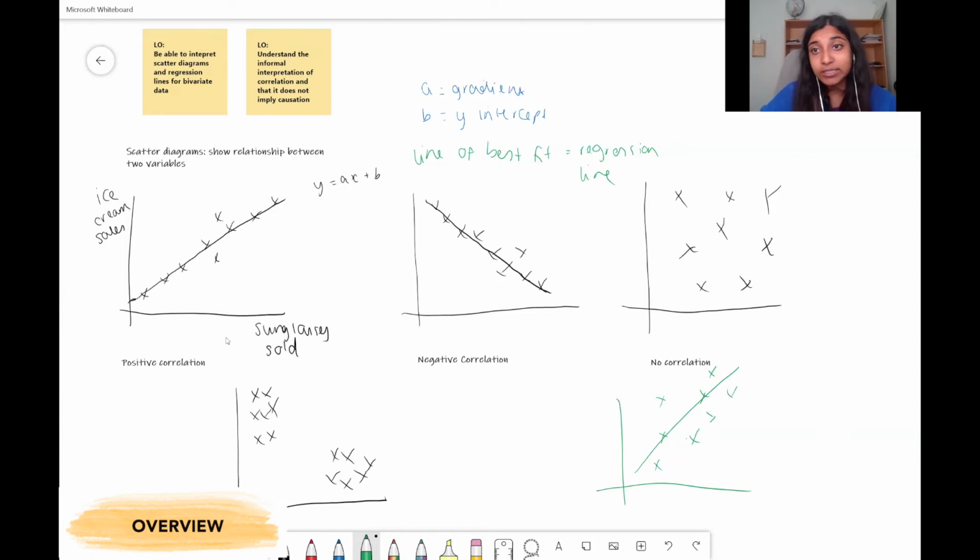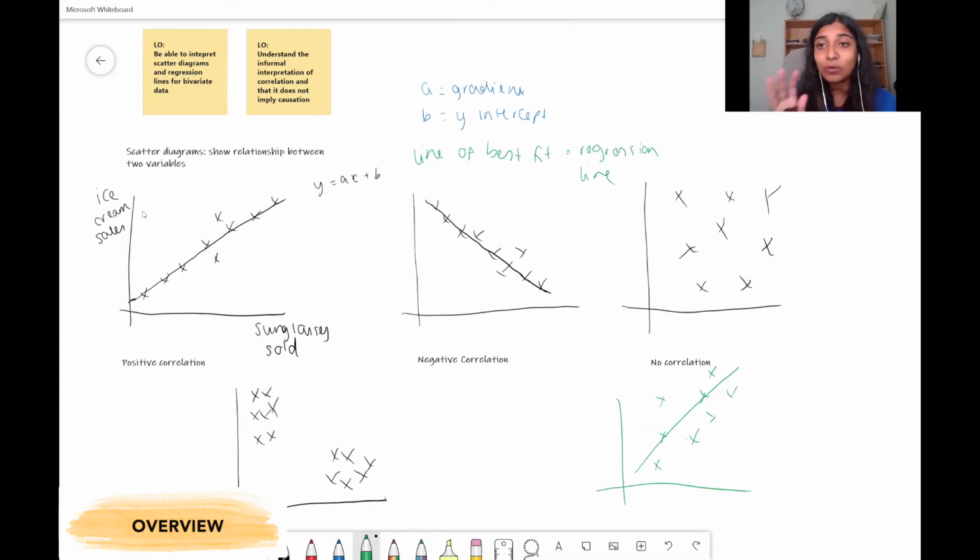That's what your a, or gradient, represents in your line of best fit or regression line. Your b represents your y-intercept, so where your regression line touches your y-axis. This is how much of your y value you would have if you have 0 x value. So in this context of sunglasses sold and ice cream sales, how many ice cream sales would there be when 0 sunglasses are sold.